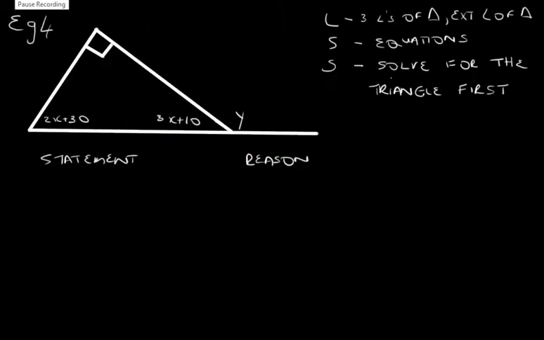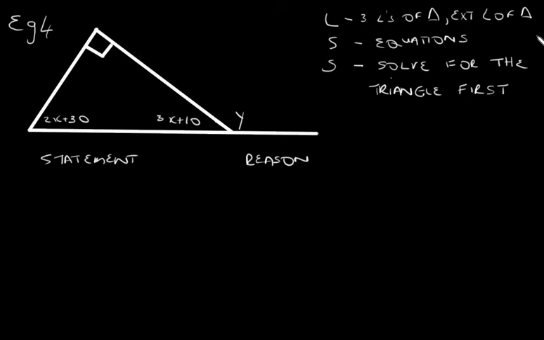Let's look at our final example. In this triangle, we have a right angle, which is equal to 90 degrees. We've got an angle equal to 2x plus 30, and we have an angle equal to 3x plus 20. And so they want us to solve for x, and they also want us to solve for y. So which laws do we need to know? We need to know that three angles of a triangle add up to 180.